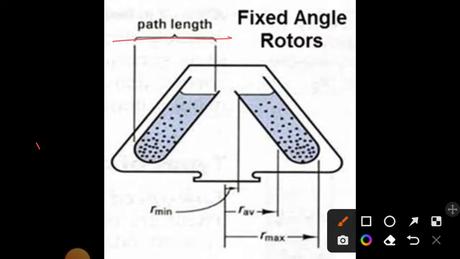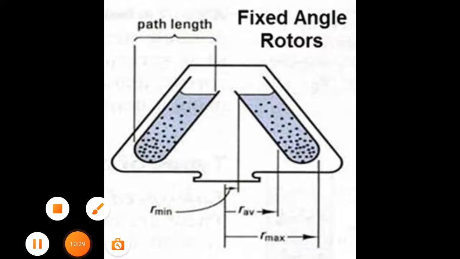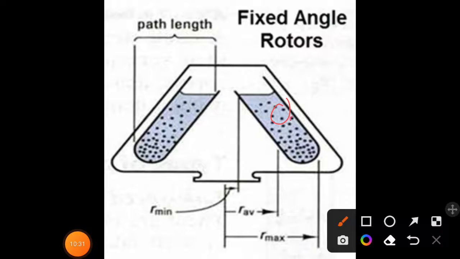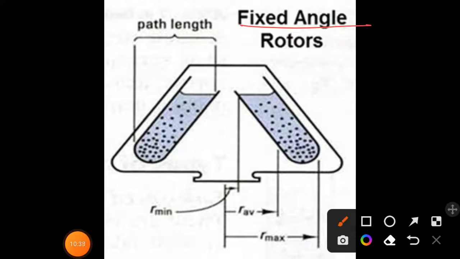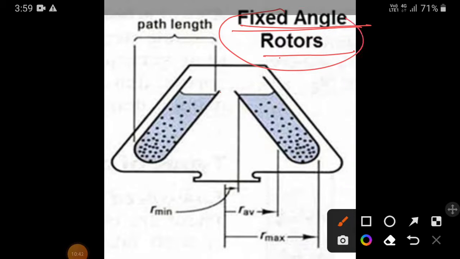So the particles have to slip down from that side to be pelleted, otherwise they will remain there and will not be pelleted. As you can see, some particles remain there. So that is why a total pellet cannot be obtained with the help of a fixed angle rotor.